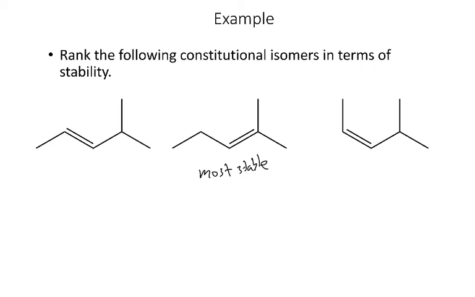And then when I compare the first one and the third one, the only difference between these two is we have the trans isomer and the cis isomer, and so we can get these bulky groups away from each other. So the trans is preferred, so then this one is going to be the least stable, right? And then this one, we'll call that the middle stability, at least for these 3 compounds.